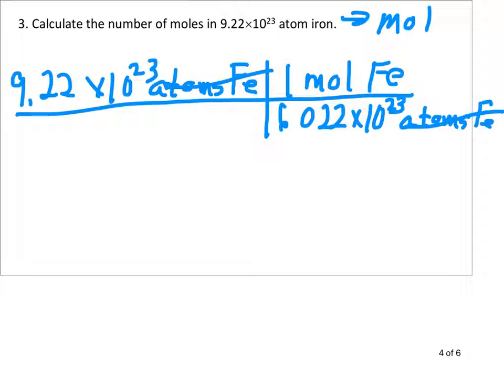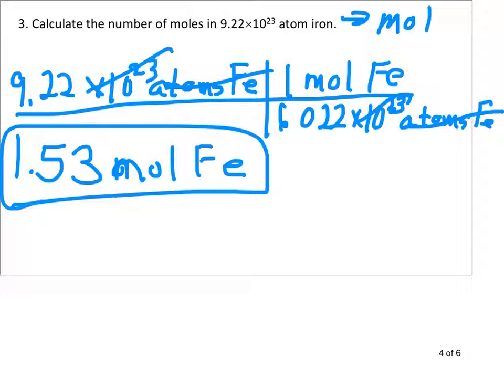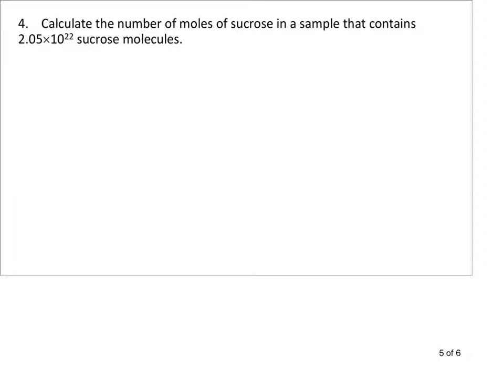Atoms cancel atoms. I can also cancel the 23rds. So all I got to do is take the 9.22 divided by 6.022, and I get to keep 3 sig figs again, so 1.53 moles of iron.